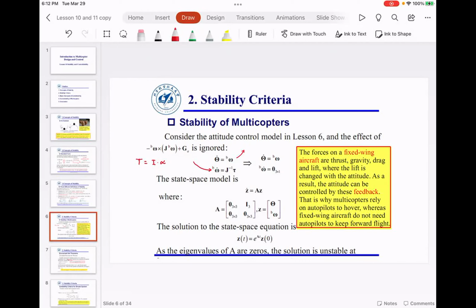Same argument when it is rolling, when it rolls, at that time I want these two rotors to speed up and I want these two rotors to speed down. And a simple proportional controller would increase or decrease the speeds of the motor depending upon the pitch or the roll. If it has more pitch, it will actually increase the speeds more. If it has less pitch, it would increase the speed less.